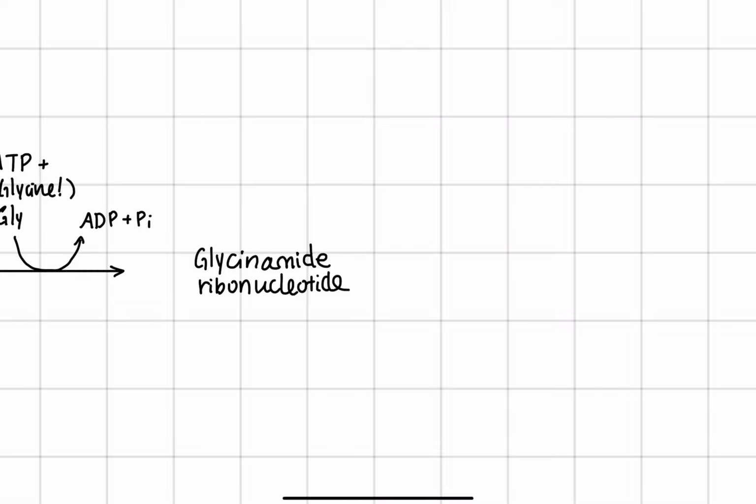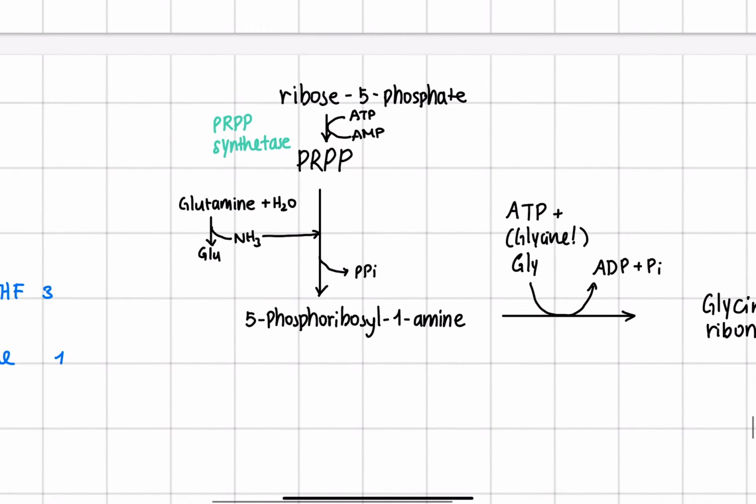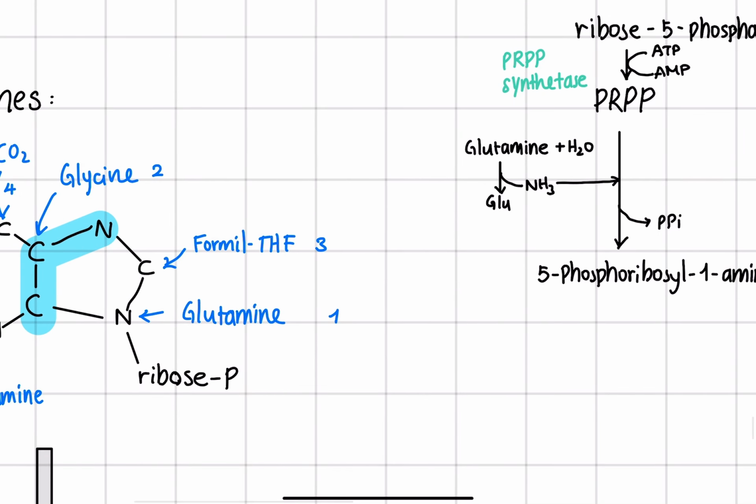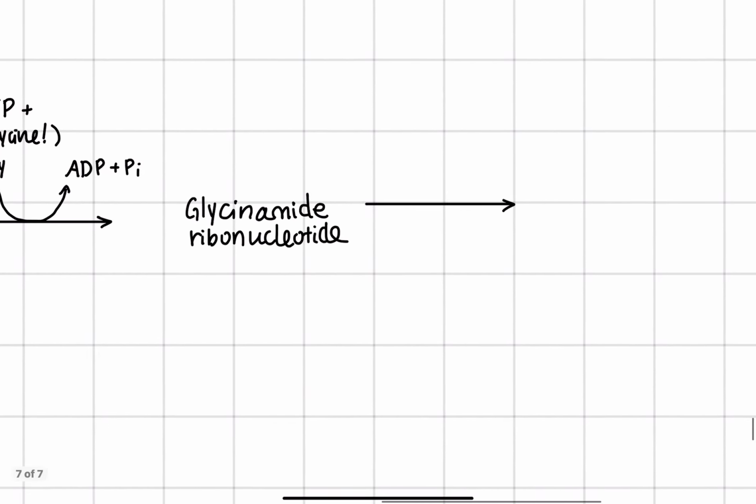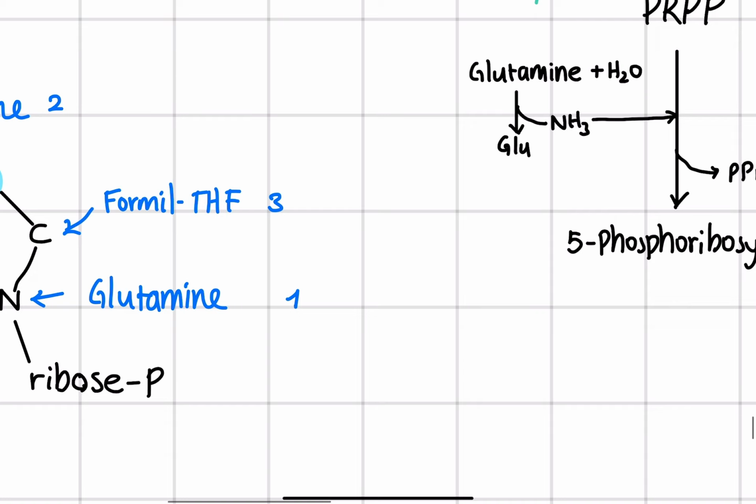And now, to the third part, what do we have? We have a tetrahydrofolate to add on. But this formyl tetrahydrofolate gives us the formyl group.